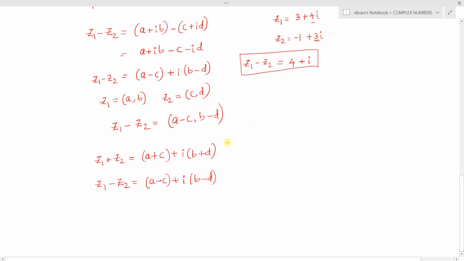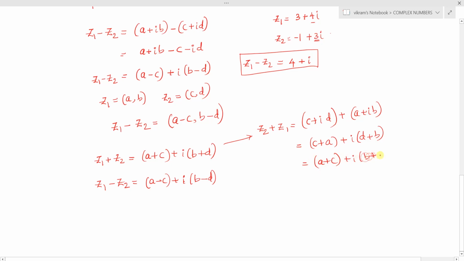Okay, so now I will perform z2 plus z1. What will I get? z2 is c plus id plus z1 is a plus ib, and I will get c plus a plus iota times d plus b, which can also be written as a plus c plus iota times b plus d.